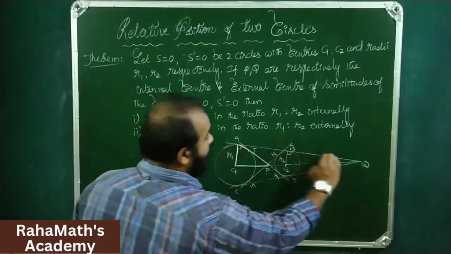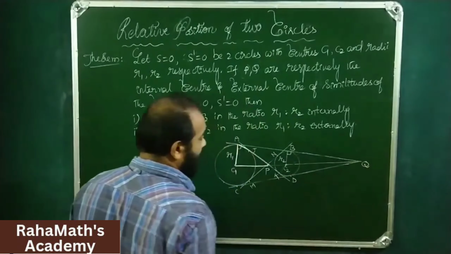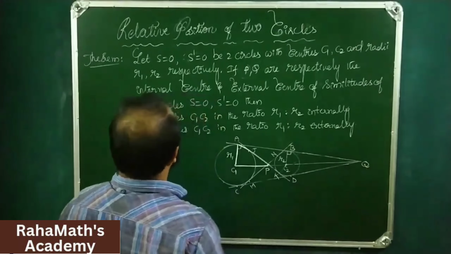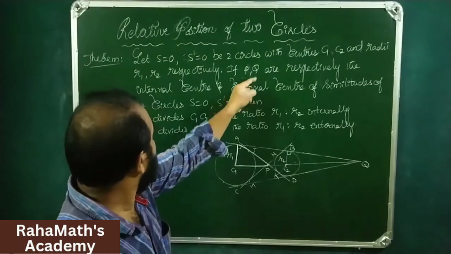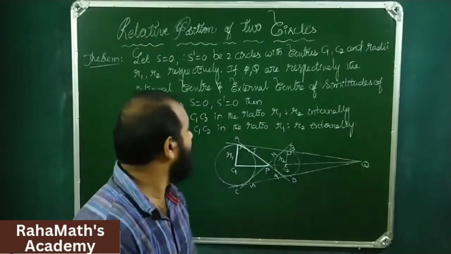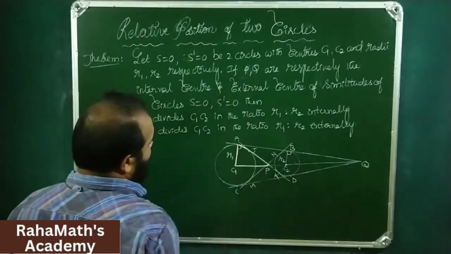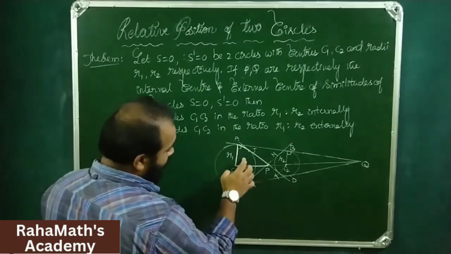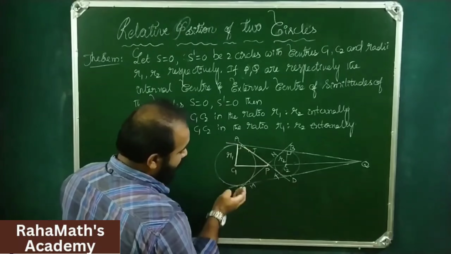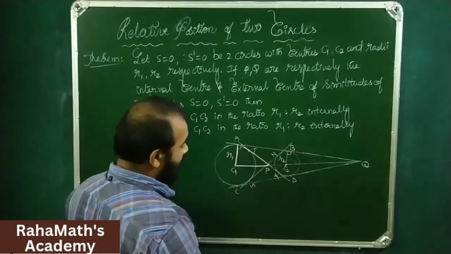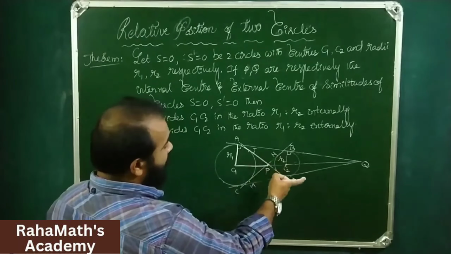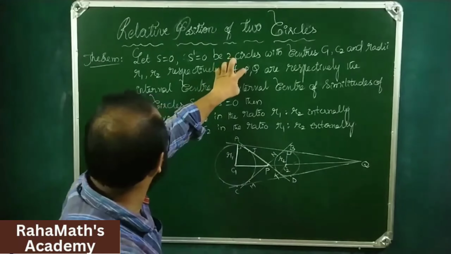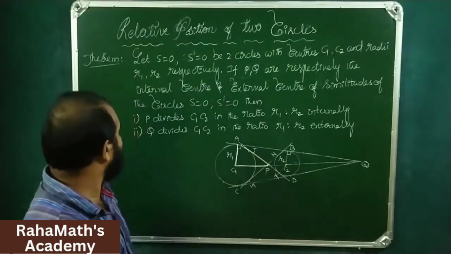This is the direct common tangent, and the point of intersection of the direct common tangents is Q. Q is the external center of similitude. And P is called the internal center of similitude, because these are the transverse common tangents, and P is the point of intersection of the transverse common tangents. So P is the internal center of similitude of the circles.